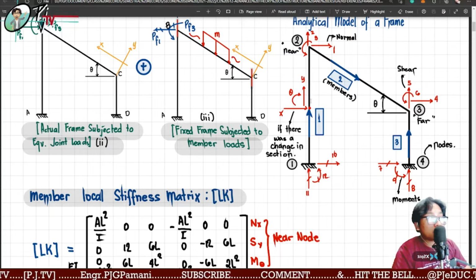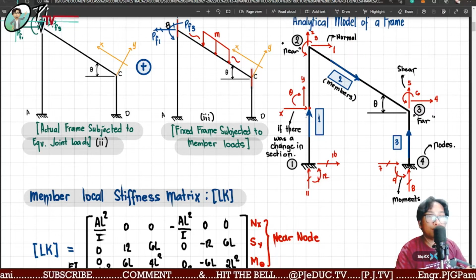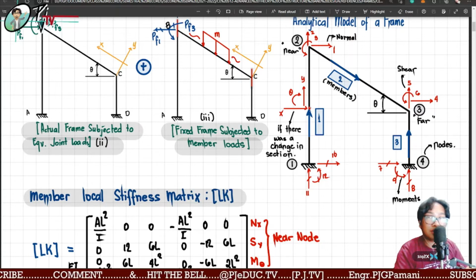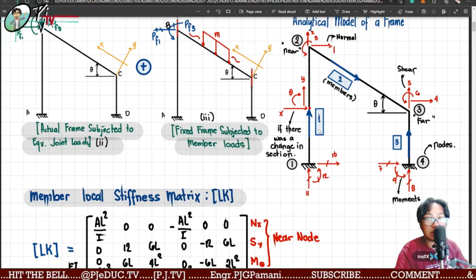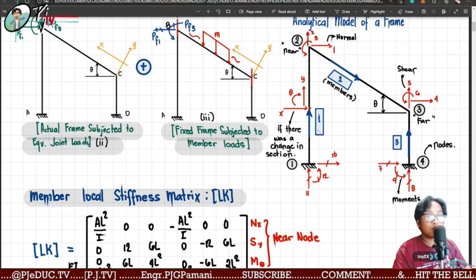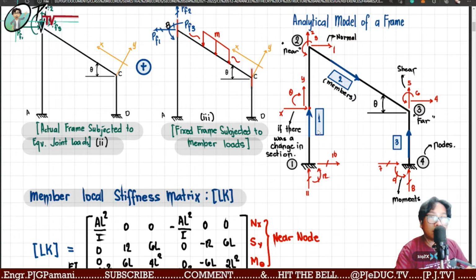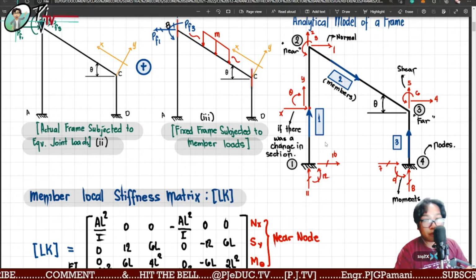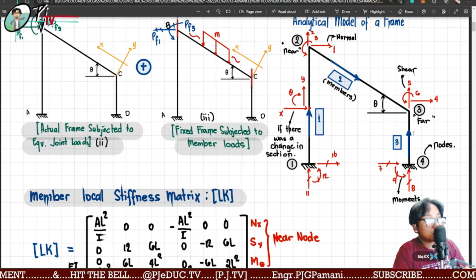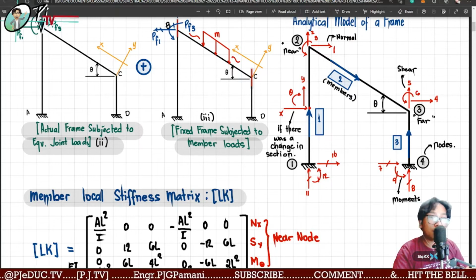Okay? But if there are changes in section within each member, introduce at the point of change yung ating imaginary joint, such as in this example. So after performing the analytical model analysis of our frame, meron na tayong analytical model, alam na natin yung number of members, yung near far node conditions, inclined members and non-inclined members, columns and girders and all that.